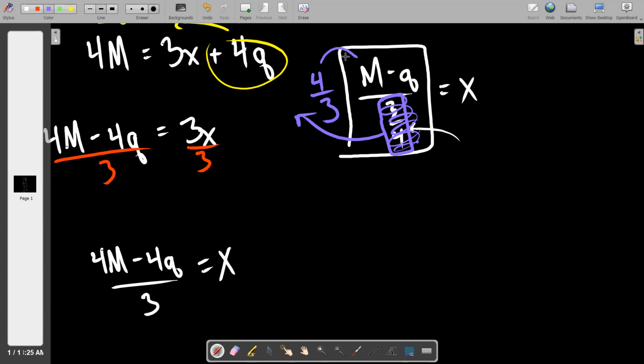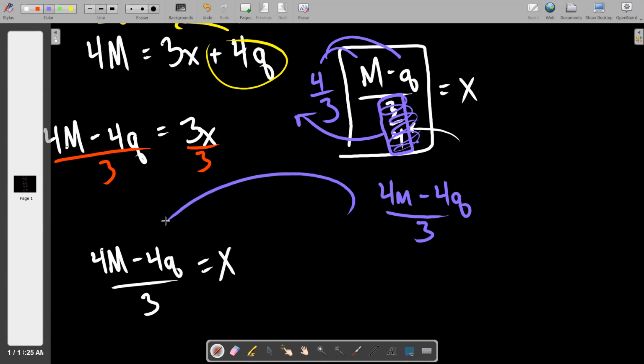And then when you distribute the 4 through the top, you get 4M minus 4Q, and then the 3 on the bottom, which is the same as what I got. So all hope is not lost once you get there. You just have to pull the fraction out, flip it, and reapply it. No fractions inside of fractions. Correct. That's no bueno. Okay, good.